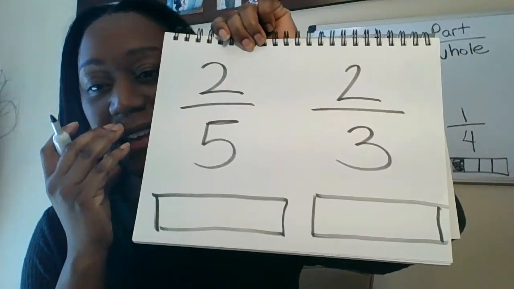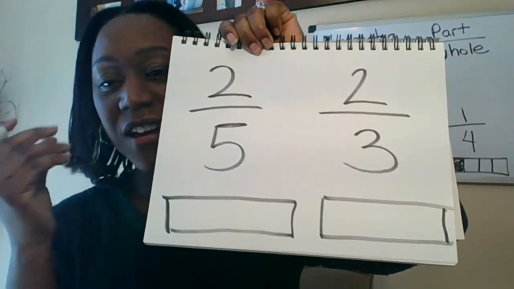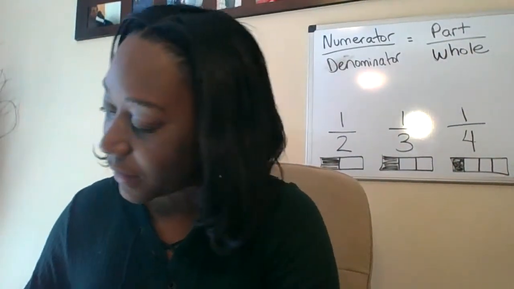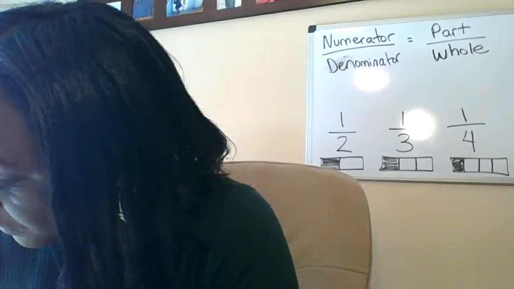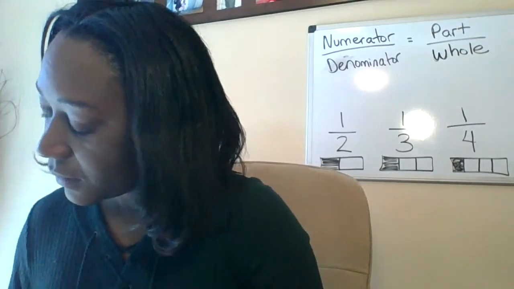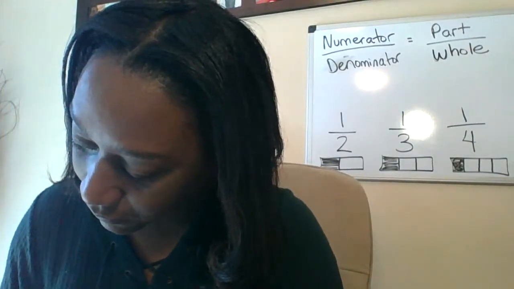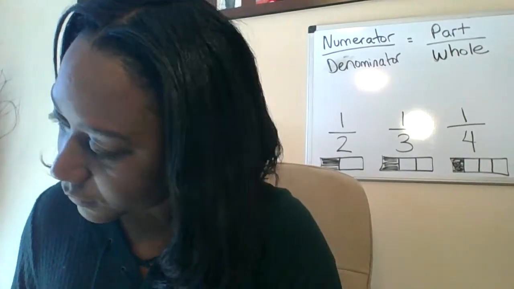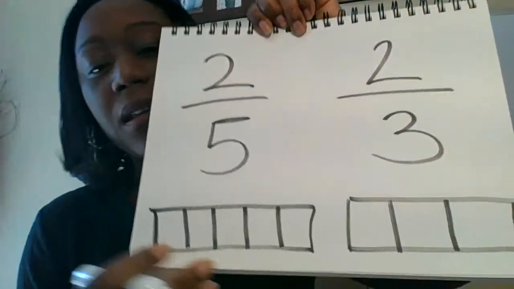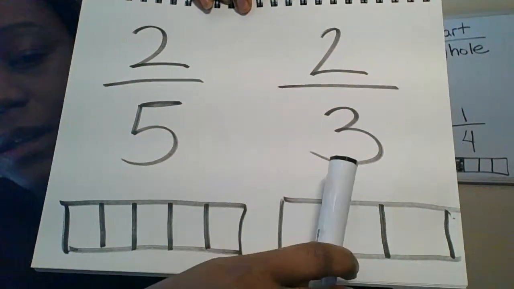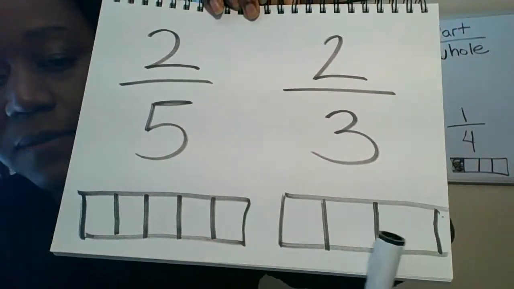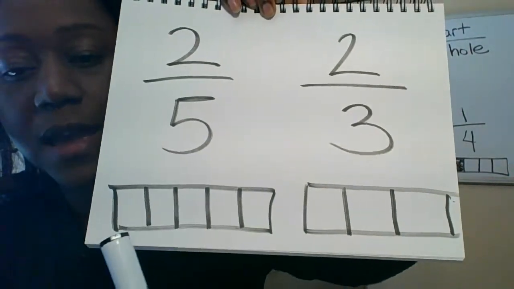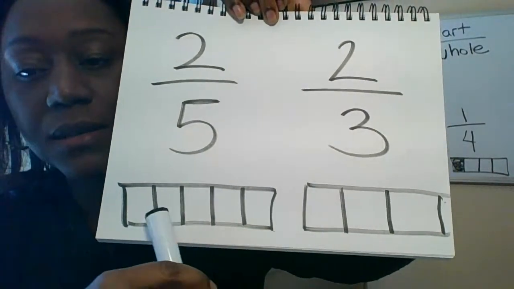All right, I'm seeing answers. Let me continue, because I want everybody to be correct. The denominator is 3 here, so I have 3 parts. The denominator is 5 here, so I have 5 parts.